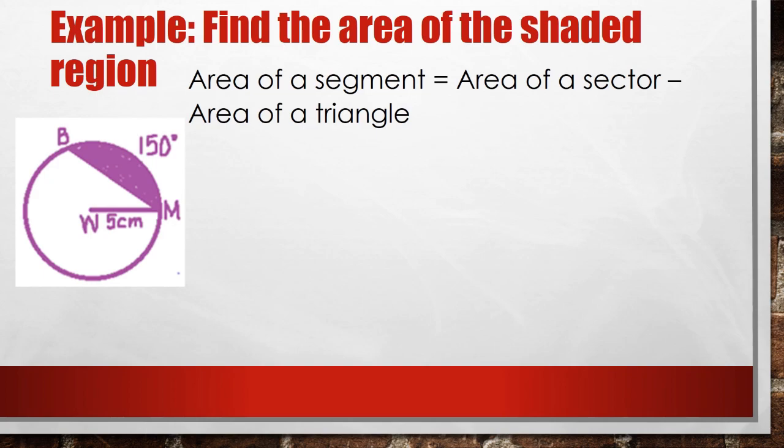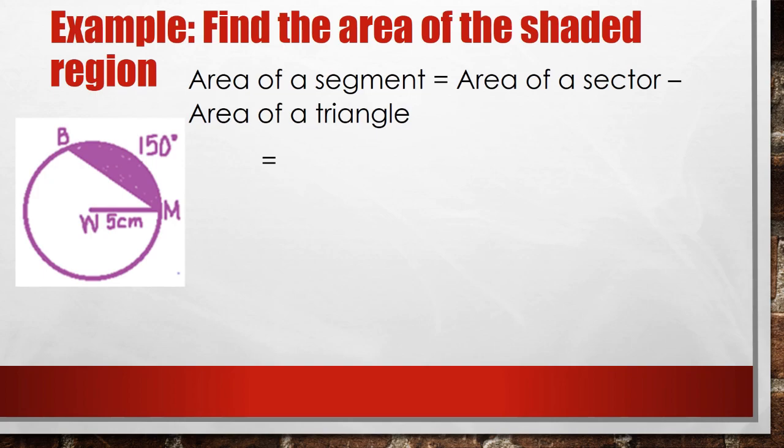So, magkakaroon ng sasubtract natin. Bakit area ng triangle? Bakit hindi area ng square o area ng circle? Kasi makita ninyo itong white part na ito ay shape of a triangle.